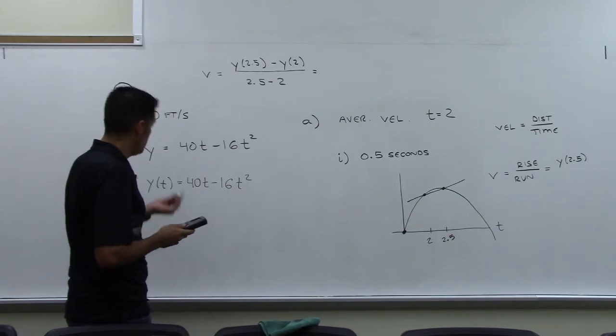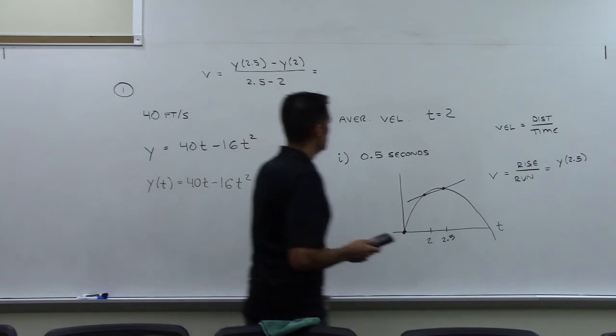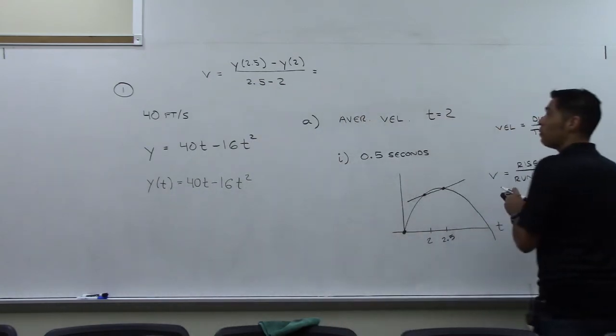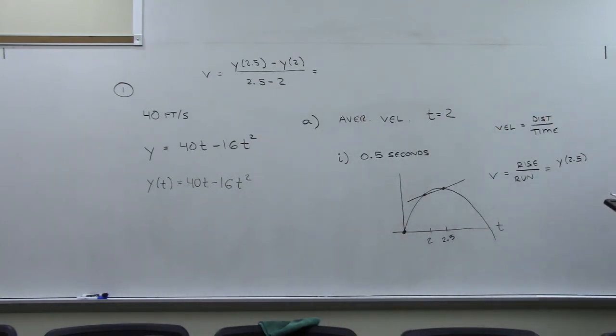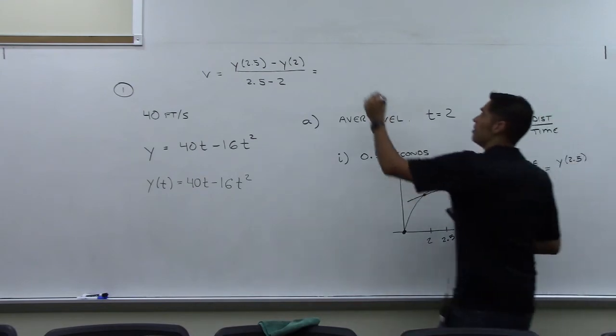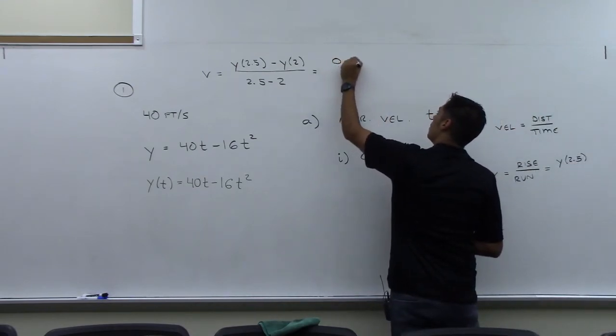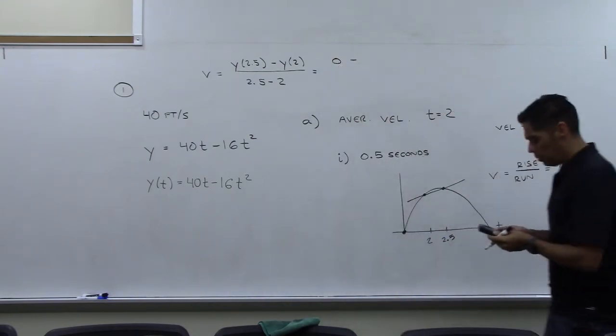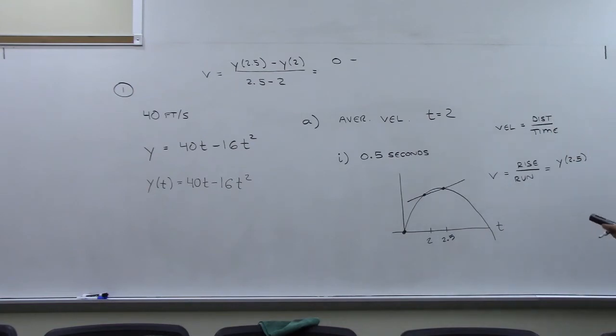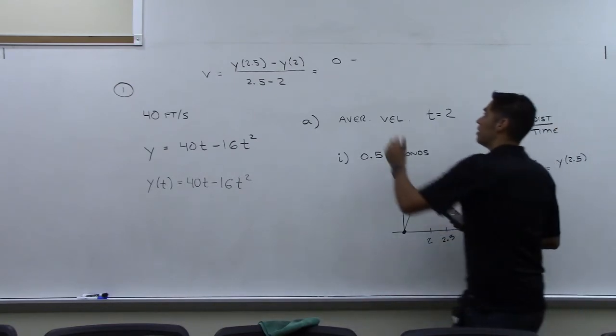Make sure I got that. It's 0. And just double check I got that. 40 times 2.5 minus 16 times 2.5 squared. Yeah, it's 0. So this is 0 minus, now I plug in 2 into that. So 40 times 2 minus 16 times 2 squared, which is 4. I get 16.